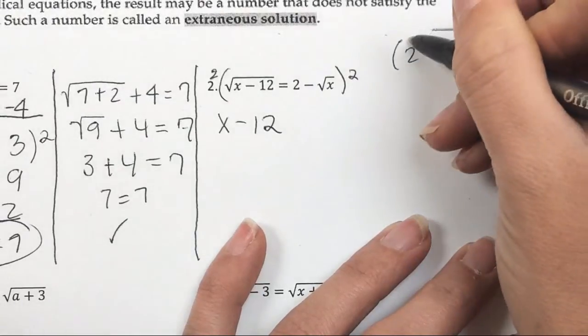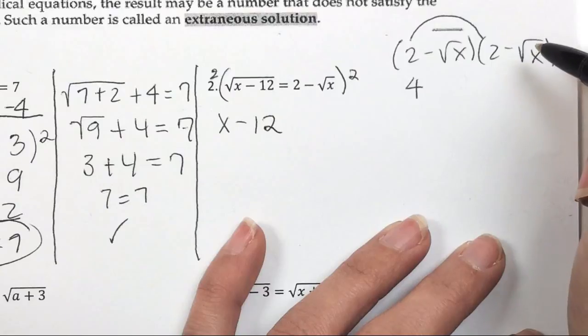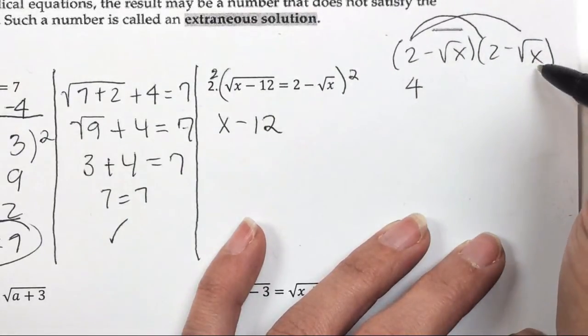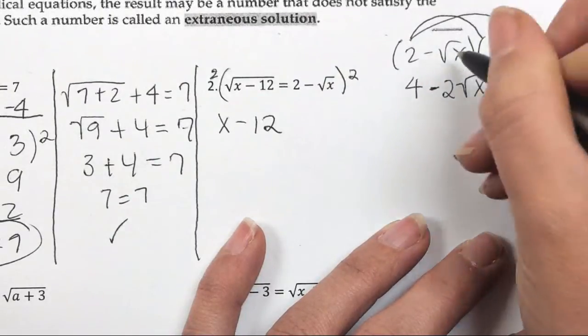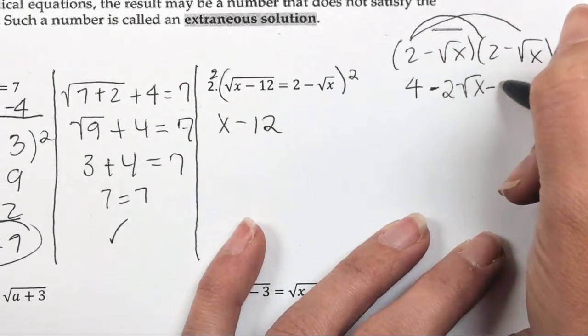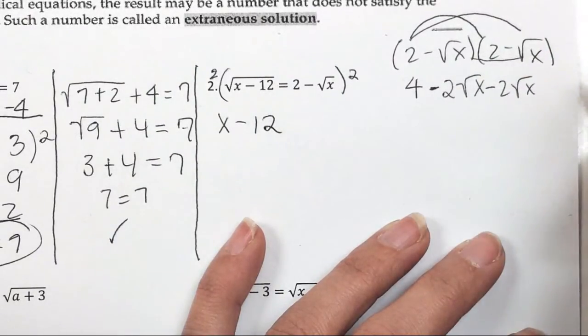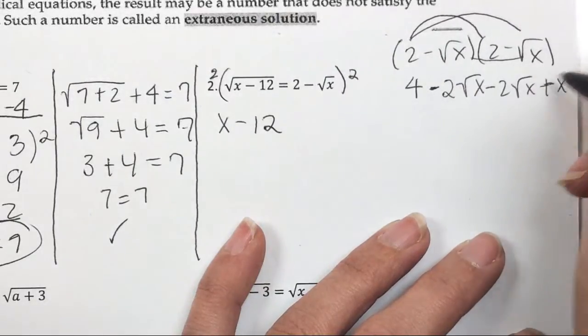Okay, so my first terms, that's going to give me 4. Outer terms is 2 times negative square root of x, so that's negative 2 square root of x. Inside terms gives me negative 2 square root of x. And then my last terms, negative square root of x times negative square root of x makes a positive x.